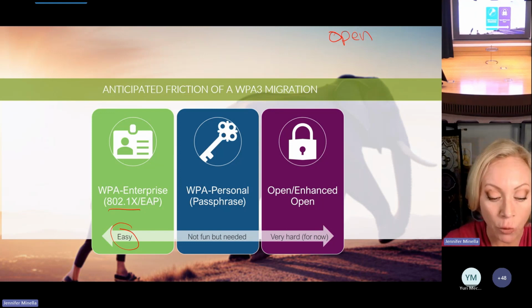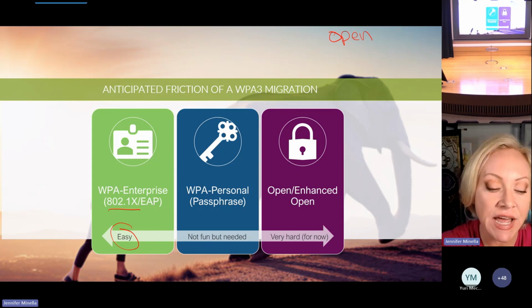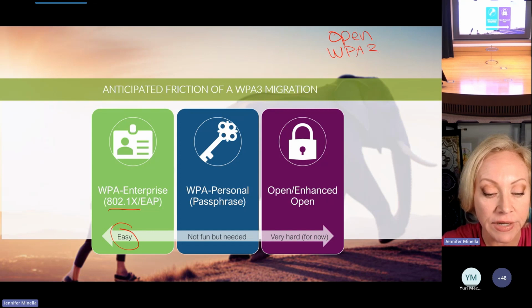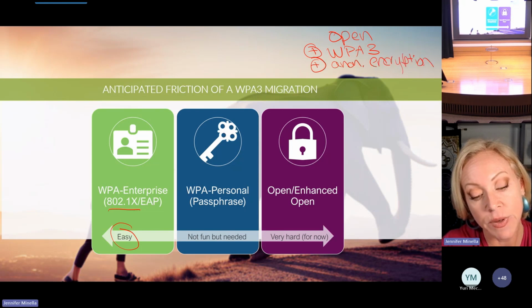So enhanced open is where we take an open network and we use the same good stuff from WPA3 and we add an anonymous encryption, using a Diffie-Hellman algorithm.